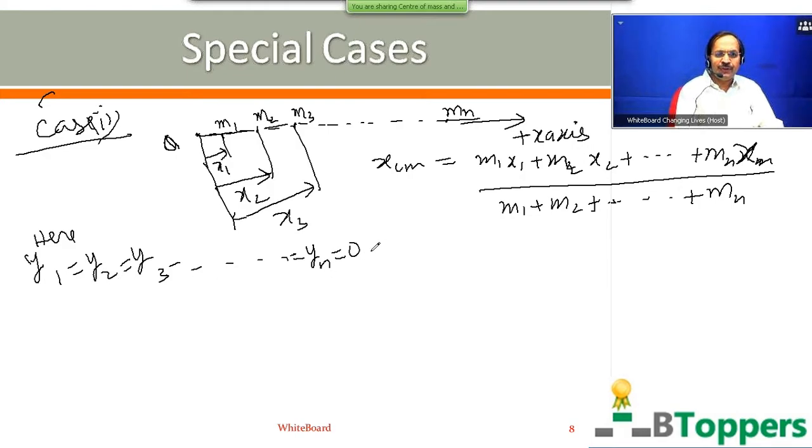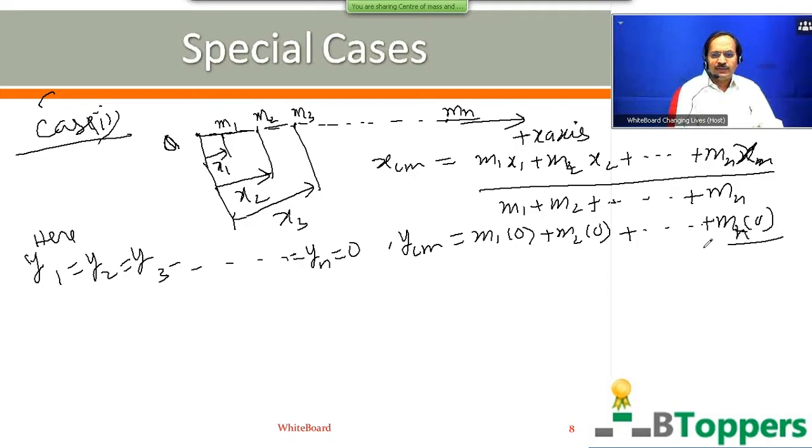But the y coordinate of each particle is 0. So the y coordinate of center of mass is given by m1 y1, y1 is 0, plus m2 y2, y2 is also 0, m3 y3 up to mn yn is also 0, divided by m1 plus m2 plus m3 etc. up to mn. So the y coordinate of center of mass is 0.